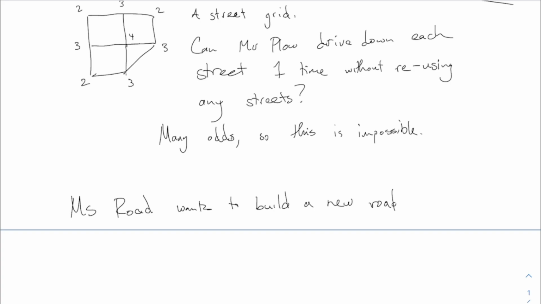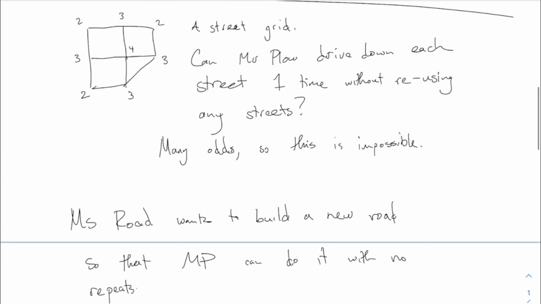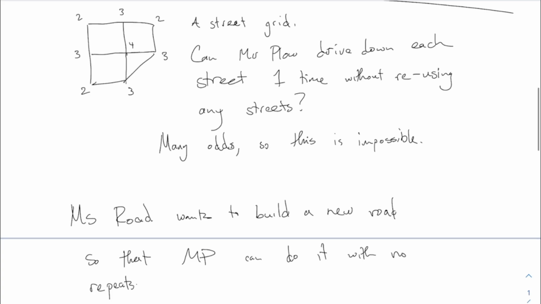You know, add on to that picture up there. Put in a new road so that Mr. Plow, I'll say MP for Mr. Plow, can actually do what he's always wanted to do, which is driving across every road with no repeats. The question is, is that possible? And if so, where would you add a single road?